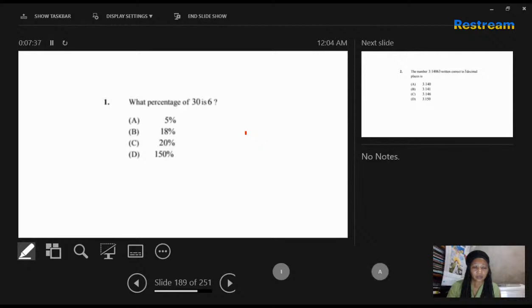So x over 100 times 30 equals 6. No, that's not how we set it out. So in other words, you're saying 6 is what percent of 30?